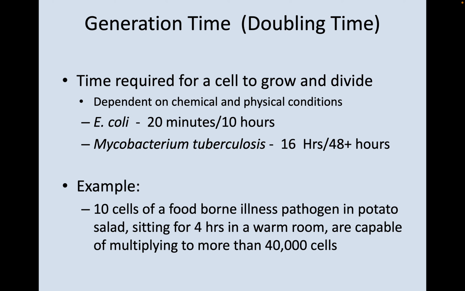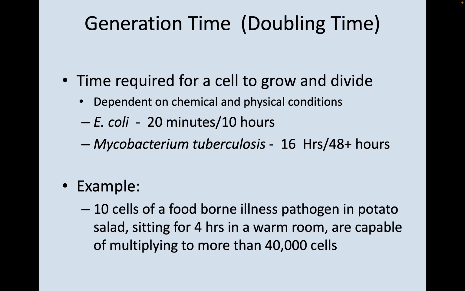Generation time, or doubling time, is the time required for a cell to grow and divide, and it depends on the chemical and physical conditions. So for E. coli under ideal conditions, it can double every 20 minutes. If the conditions are not ideal, say it's too cold, then E. coli may take as long as 10 hours to double.